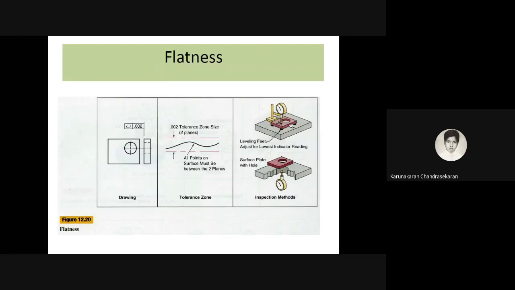Now in this case, how do you measure the flatness? Use the same dial gauge and measure the points, take the average and mention the flatness value here. The surface must lie between two planes. That's very important.